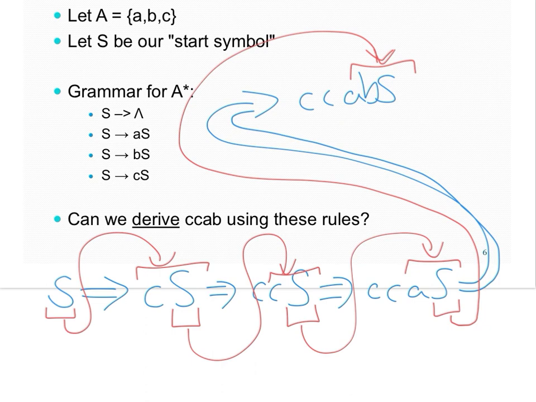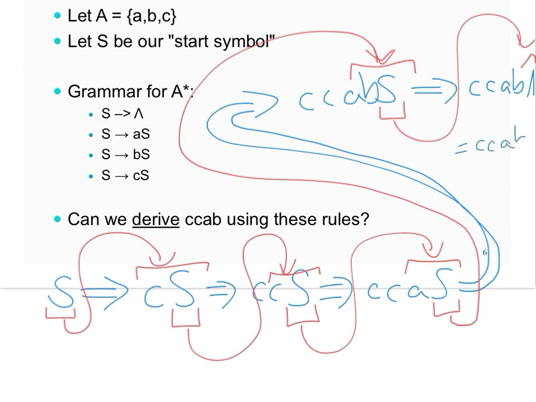So I am going to say that one goes to CCAB lambda, because of course we can take S and turn it into lambda using this rule up here. Now I've derived CCAB lambda, but CCAB lambda is exactly the same as CCAB. And so I have derived CCAB using these rules.